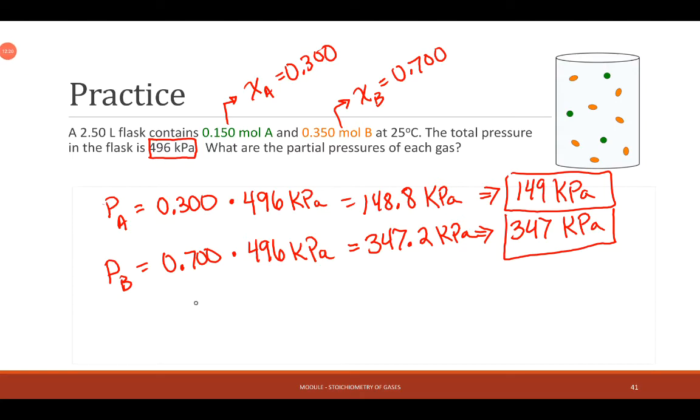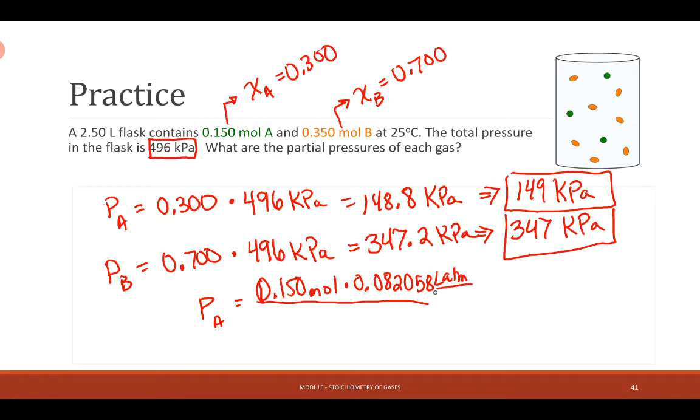The other way that you could have done this would have involved just taking the moles of A, which is 0.150 moles, multiplying that by R. I'm going to use the one for atmospheres, and then I'll convert my answer into kilopascals afterwards.